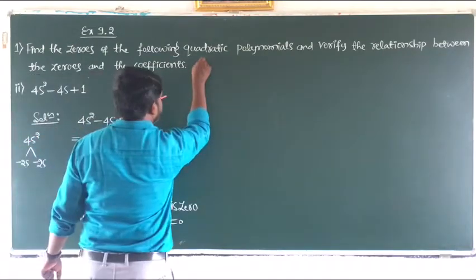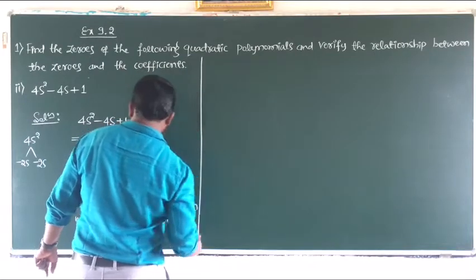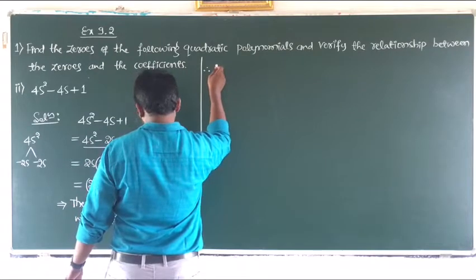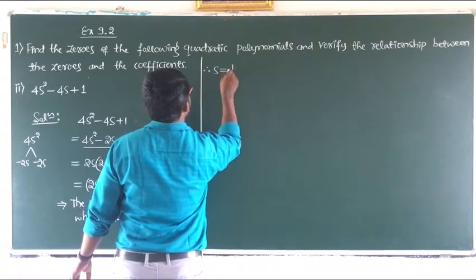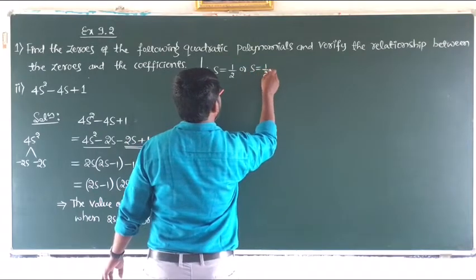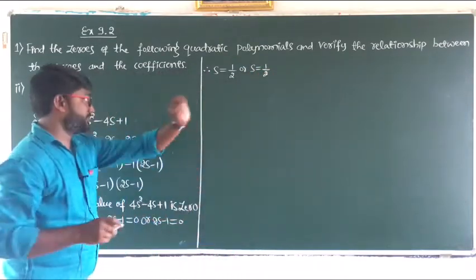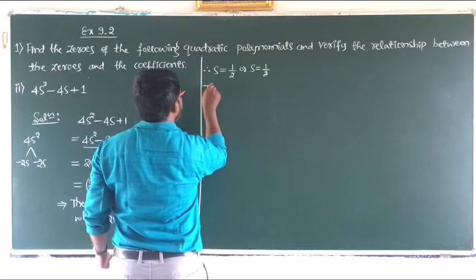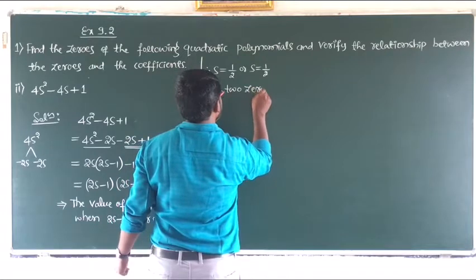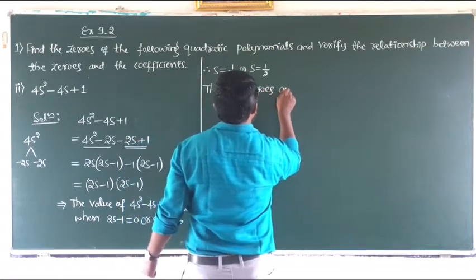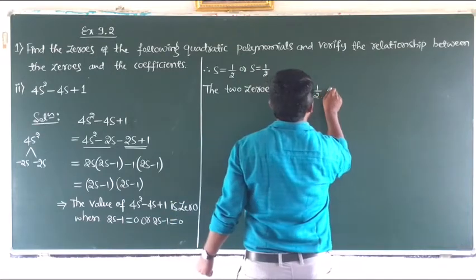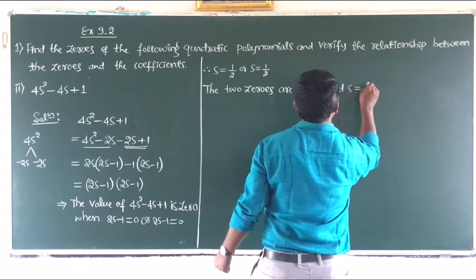Therefore s equals 1 by 2 or s equals 1 by 2. So these are the zeros: the two zeros are s equal to 1 by 2 and s equal to 1 by 2.